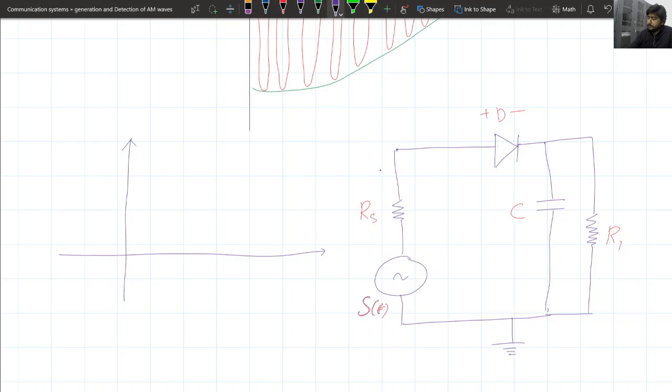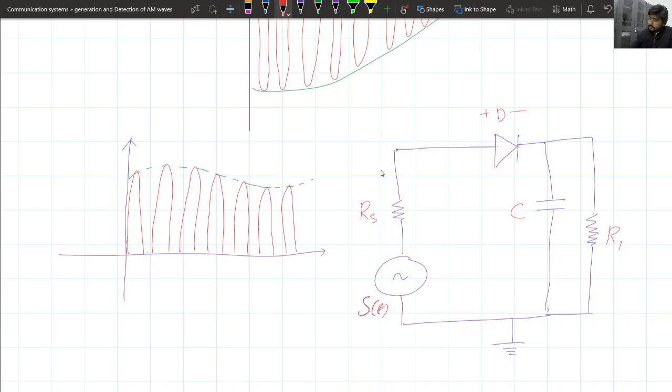Once again draw s(t) here. Now the envelope is the message signal s(t).